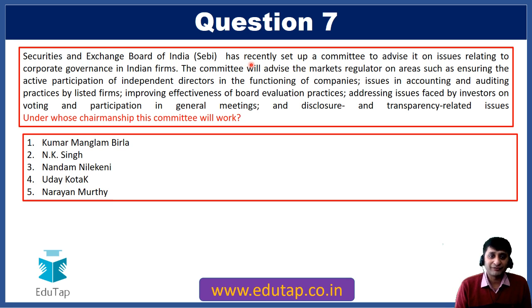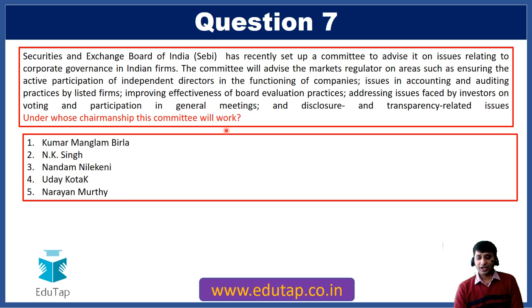I think this is a question from the 2017 exam. So here the question is talking about a committee that was set up by SEBI in 2017, and the question says that the committee will advise regulators on areas such as independent functioning of directors, accounting and auditing issues, improving effectiveness of board evaluation practices, addressing issues faced by investors on voting and participation in general meetings and all those things. So basically the question is under whose chairmanship this committee will work.